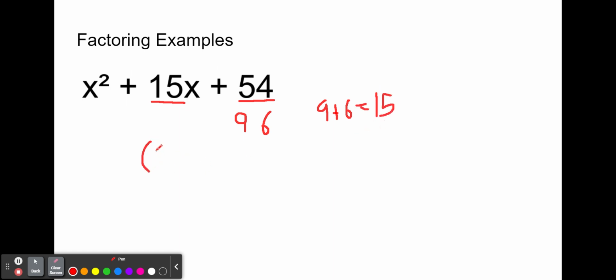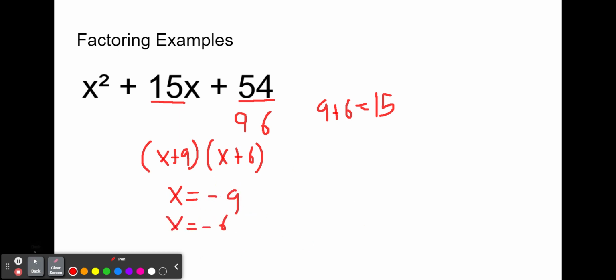So over here, we'll have x plus 9 and x plus 6. And there we go. If we want to figure out the roots or the zeros of this, so where the x-intercepts are, it would be x equals negative 9 and x equals negative 6.